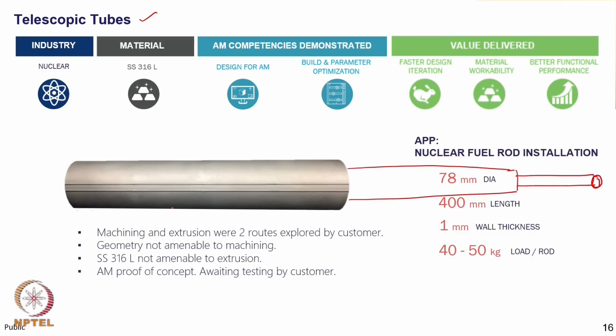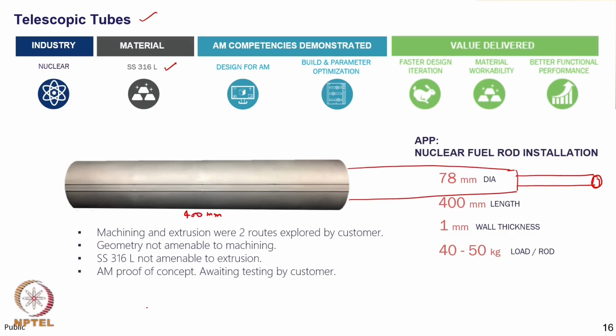Each tube shown here is of 400 mm length, and in this telescopic arrangement longer length can be achieved. This particular tube is made of stainless steel 316L.